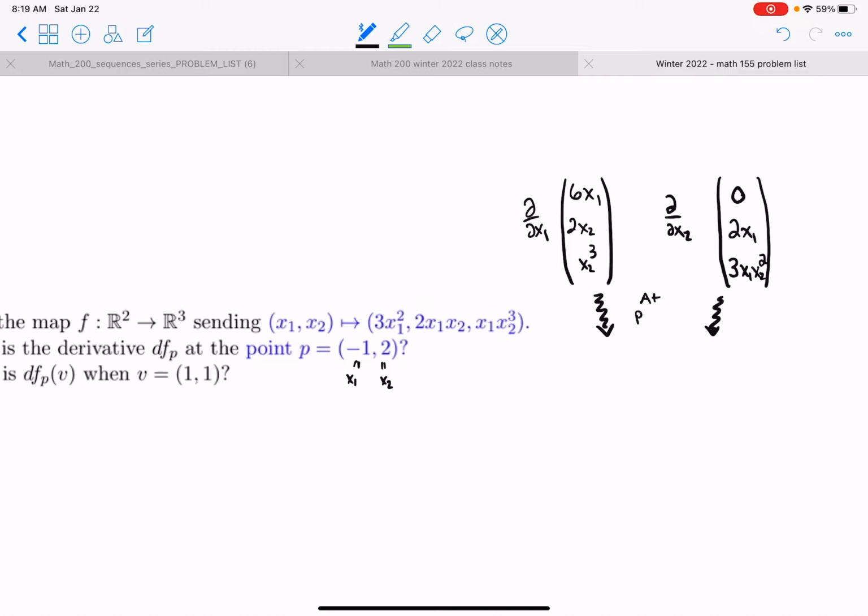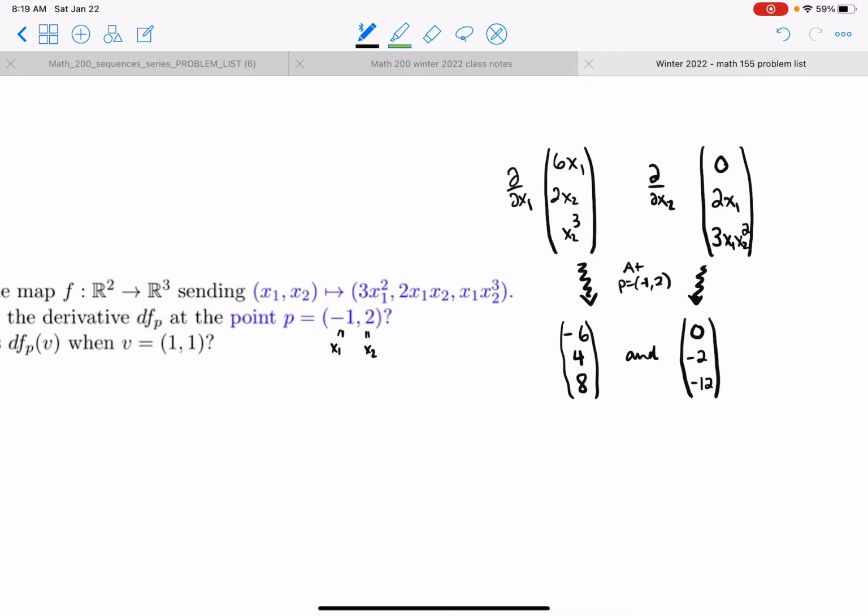At P equals -1, 2. Oh, -6. I think that's correct.